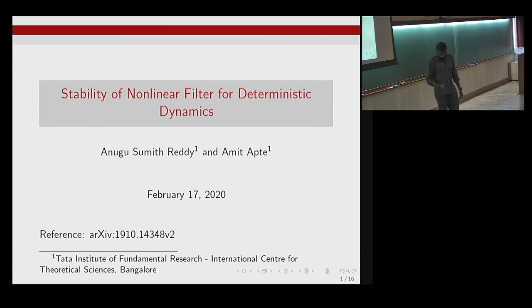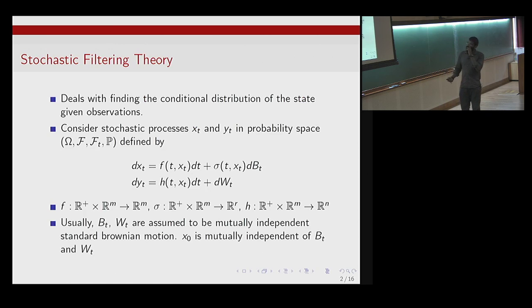So to put it in mathematical terms, we have some kind of dynamics, and there is another equation which models the observations, saying something about the state, and this we consider as the observation.